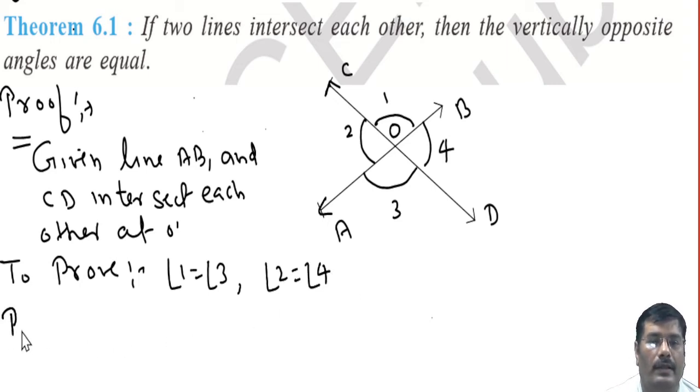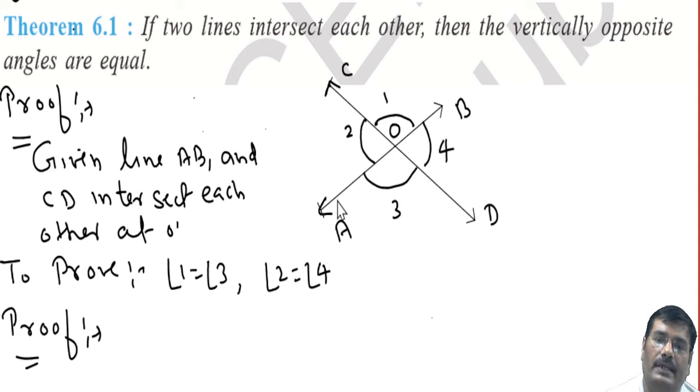Now, how to prove this one? To prove that 1 is equal to 3, we observe that this line is AB and ray OC stands on it. So how do you write this?